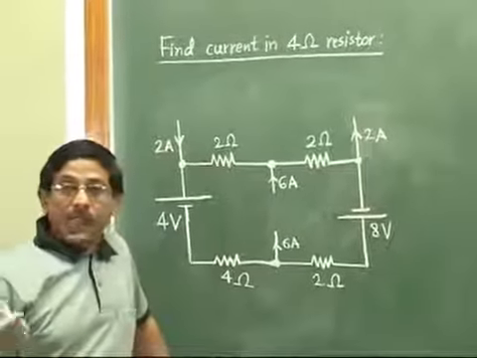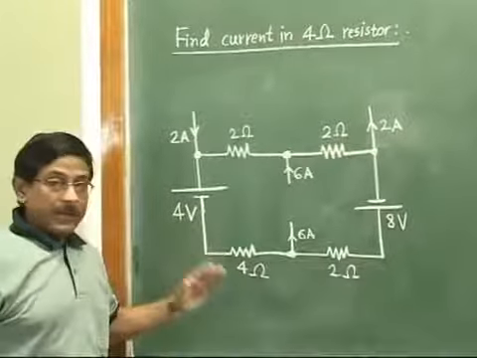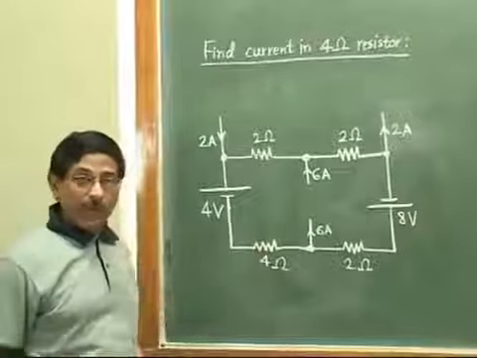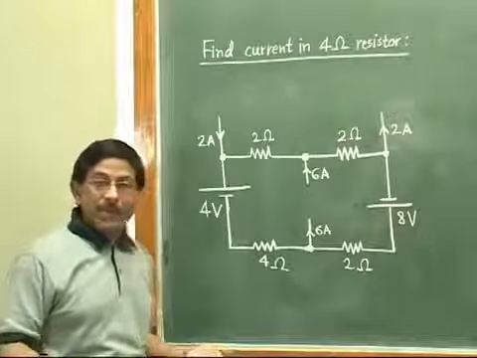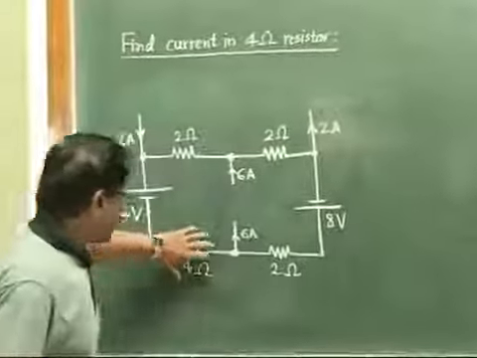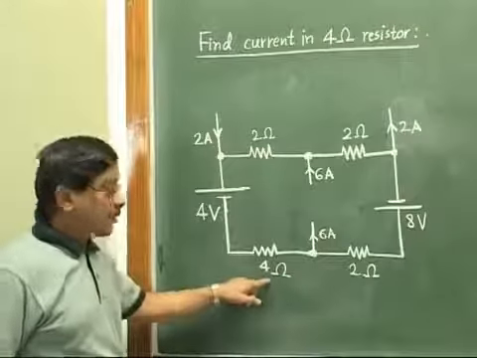Now let us use the various steps of Norton's theorem. First step, the resistance in which we want to find out the current is to be removed from the circuit, and we have to mark the open terminals with some convenient letters A, B, MN, XY, like that. So we have to remove this 4 ohm resistor because our job is to find out the current in this 4 ohm resistor.